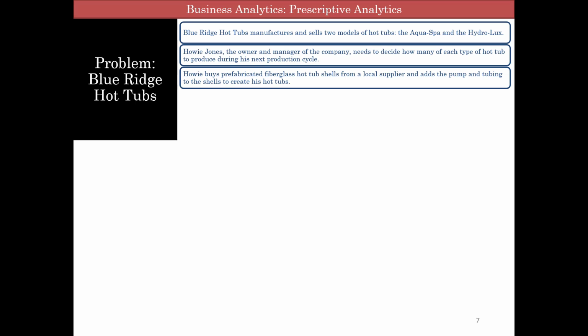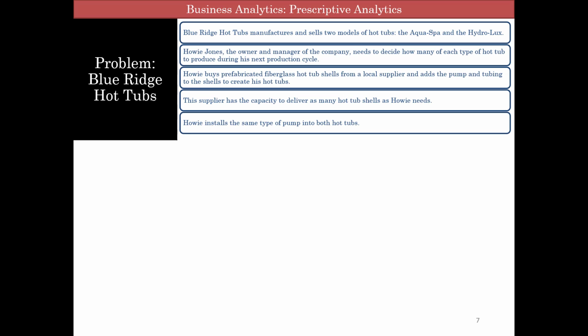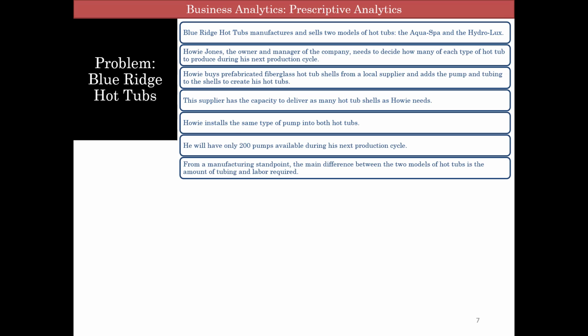He buys pre-fabricated fiberglass hot tub shells and adds a pump and tubing to create his hot tubs. The supplier can deliver as many hot tub shells as he needs, and therefore this is not a problem. The same type of pump is used for both hot tubs. He has only 200 pumps available, so he can't use more than 200 pumps.